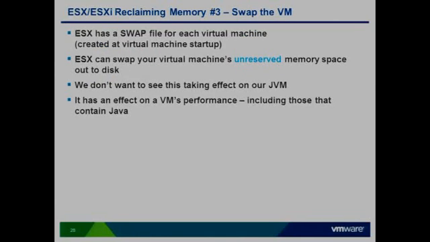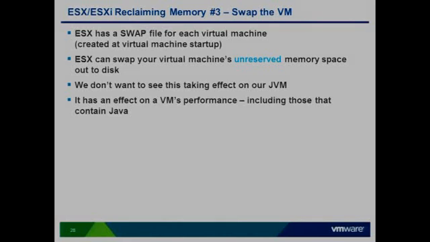Finally, if ESX says, I've tried the balloon driver, I'm still under memory pressure, memory is getting very low, less than 10% of my memory is free, the next virtual machine that starts up is going to kill me, it starts swapping. And for every virtual machine, just like in traditional operating systems, ESX has a swap file. And that swap file allows it to swap that virtual machine out to its disk.